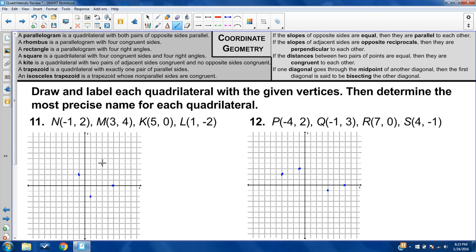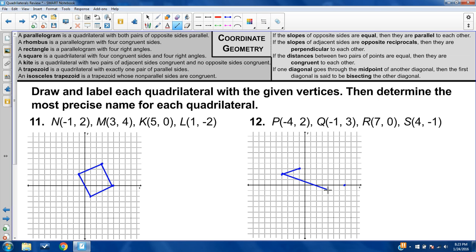Then, if the opposite sides are parallel and the sides are congruent, it's a rhombus. Or if opposite sides are parallel and angles are right angles, then it's a rectangle. Or if both of those are true, then it's a square, etc.